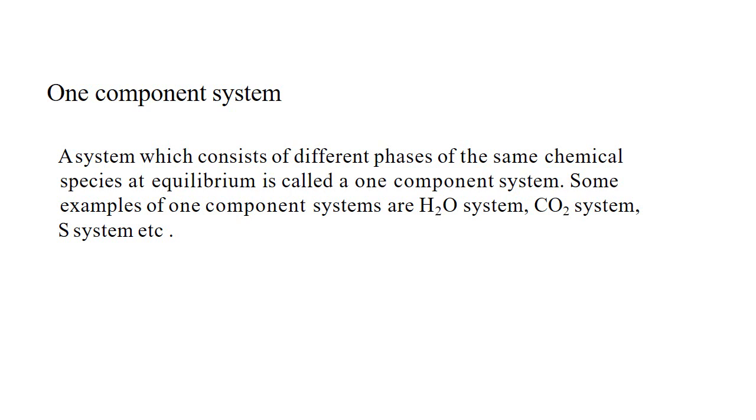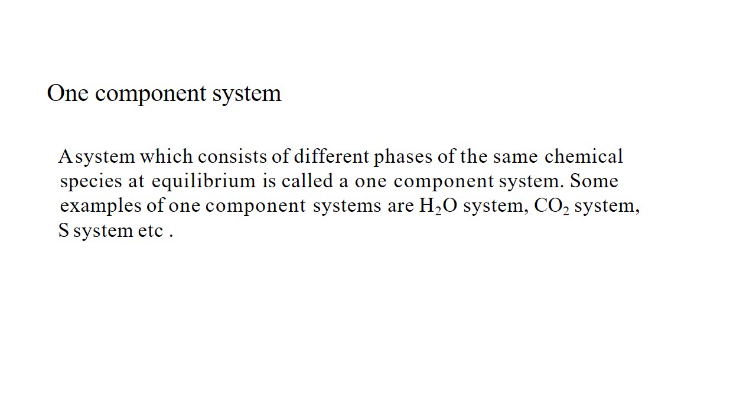So the title of this slide is clearly showing that the system will contain one component. I mean one chemical species will be present in our system. If it's water, then water exists in various phases. Water may exist in the solid phase, it may exist in liquid phase, and it may exist in the gaseous phase. But in all the phases, the chemical entity is the water.